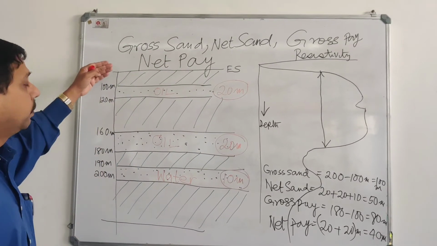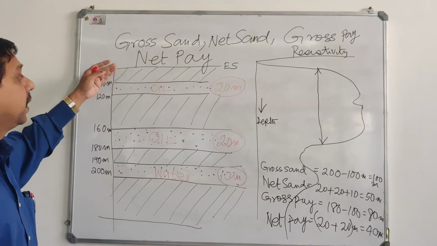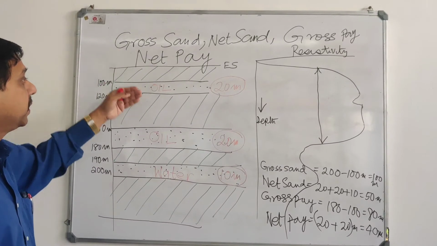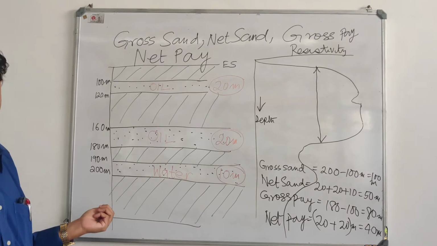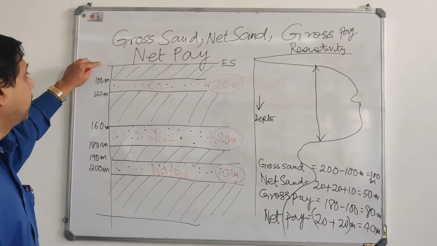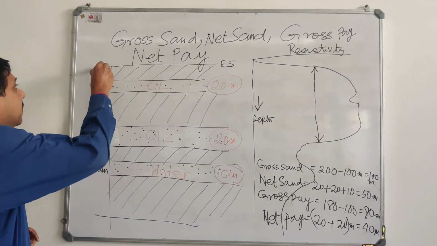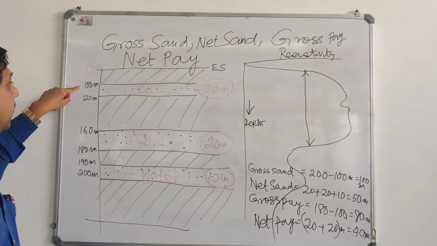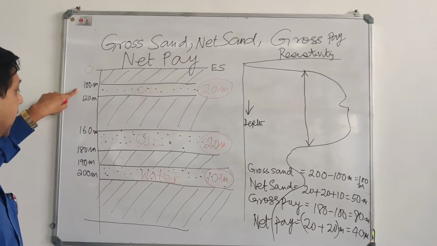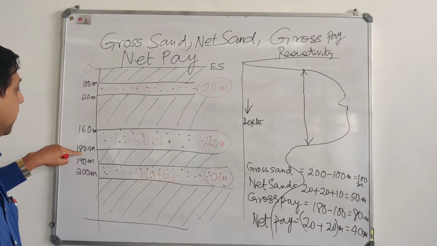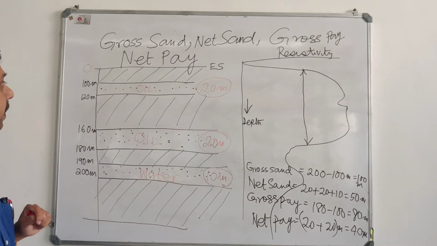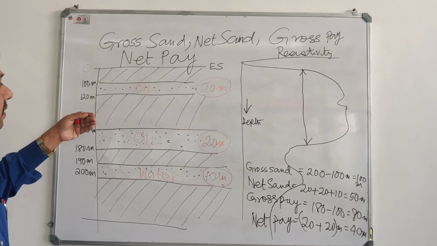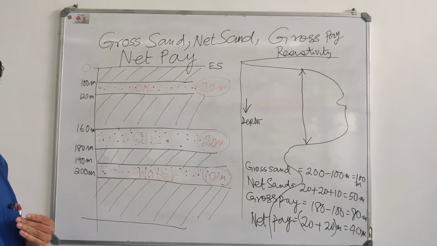I have drilled a hole and I have found this lithology and fluid content. From the top, which is 0 meter, I got the first oil at 100 meter and the last oil at 180 meter. In between there are sandwiched shales.